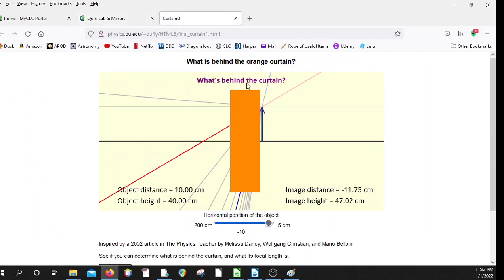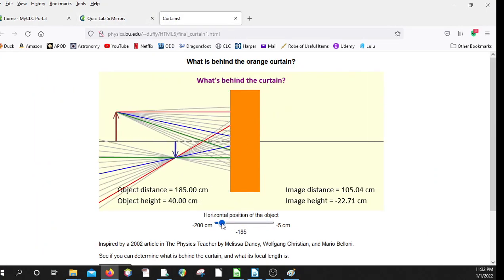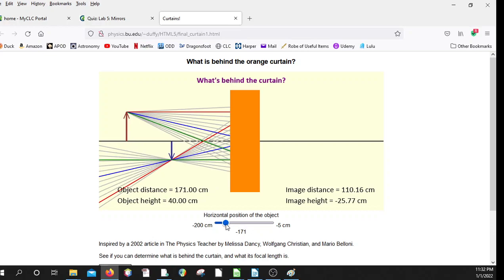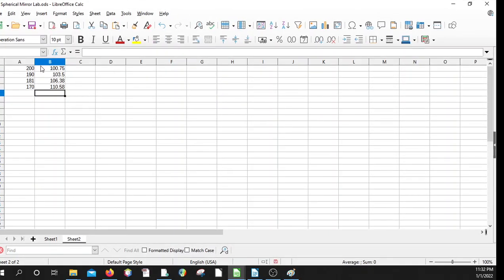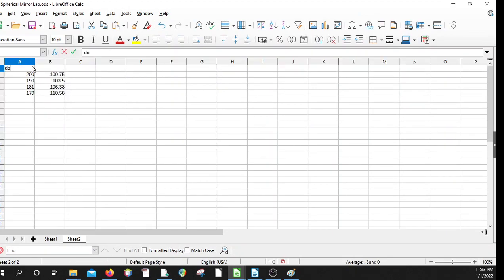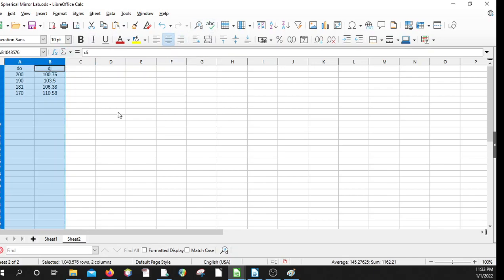So let's go back to here. 190, 103.5, and 170. So I only have 4 data points. That's 110.58. So this would be DO, DI. And these are in centimeters.